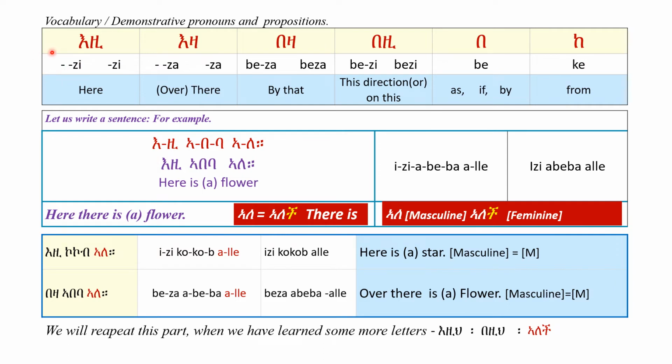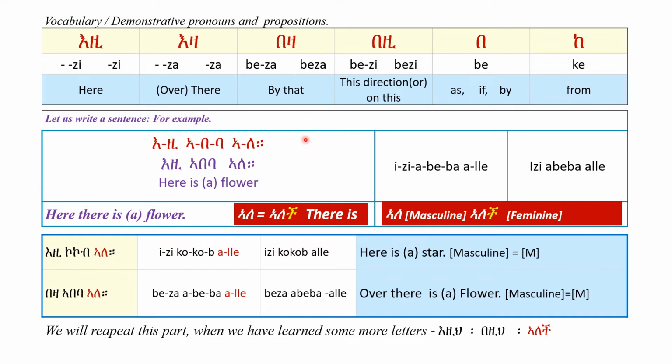Here I don't put the English because we cannot write it in English. Izzy means here, izza means over there, beza means by that, bezi means this direction or on this. Be is translated in English as if, or by, from.